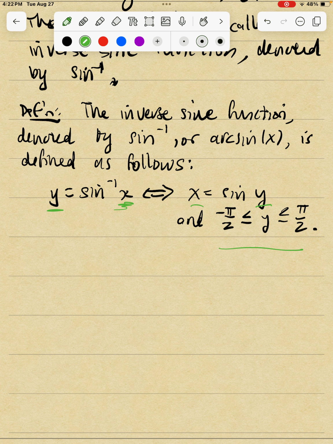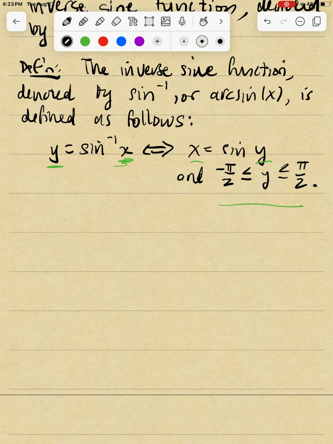If you think of y as an angle, and x as the opposite over hypotenuse, then if you plug in an opposite over hypotenuse, y is the angle between negative pi over 2 and pi over 2 with that opposite over hypotenuse.